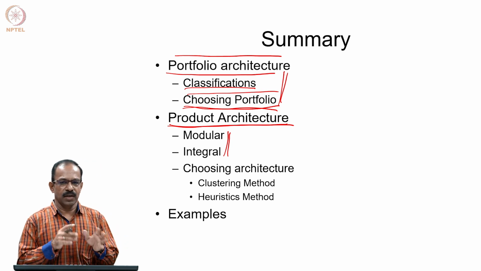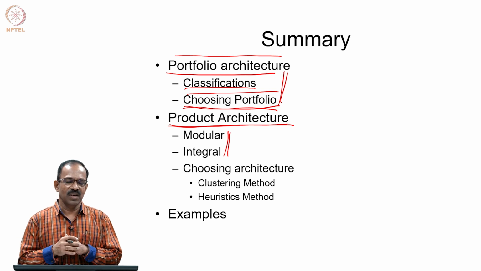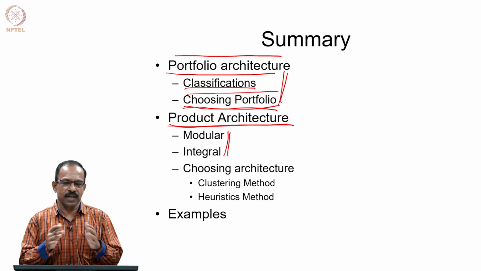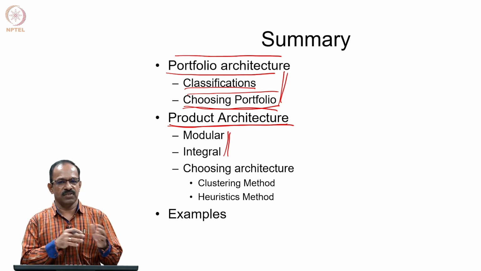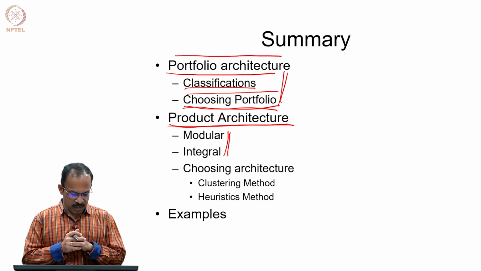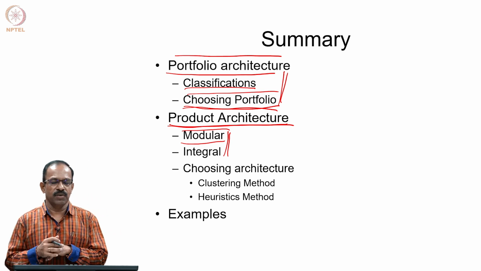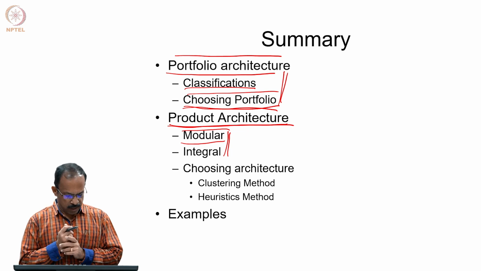In integral, one physical block provides multiple functions, and there will not be any clear distinction between the functional blocks and the physical chunks. And in modular we will have different modules providing different functions, and there can be clear interfaces between these modules.